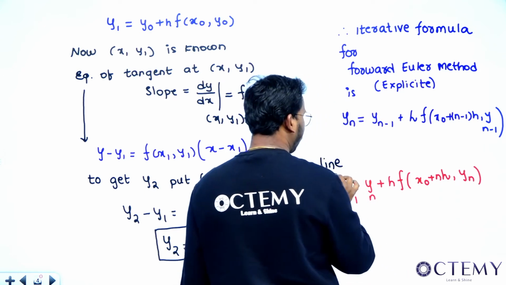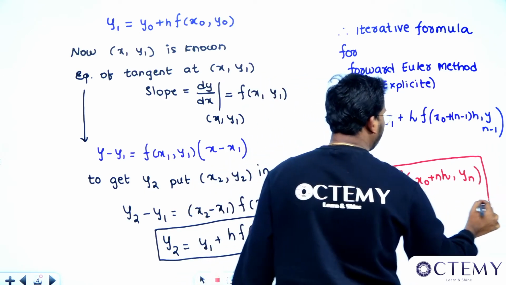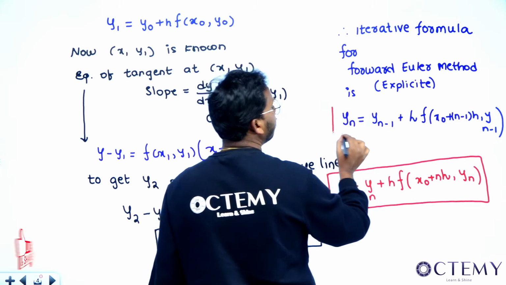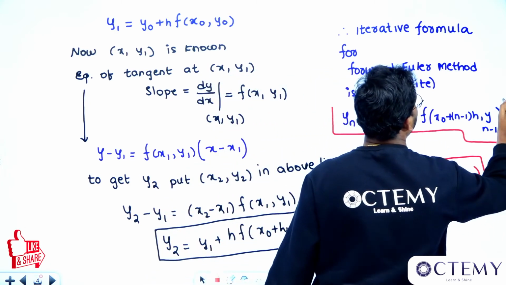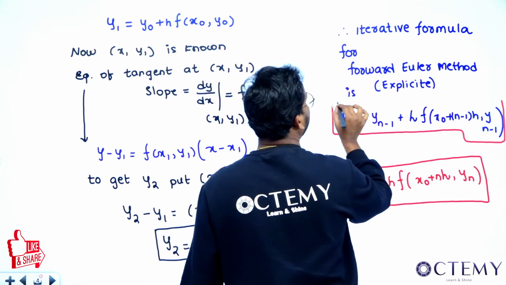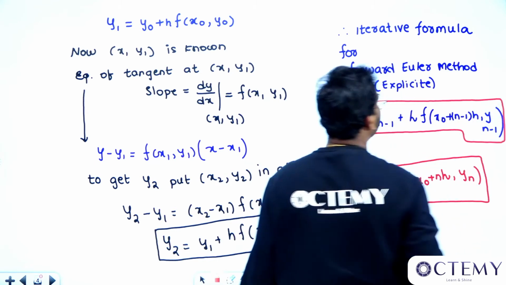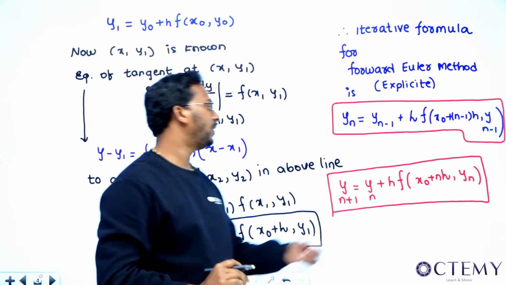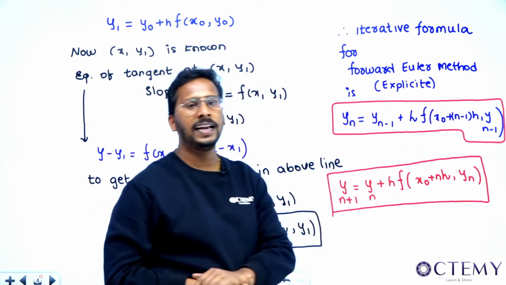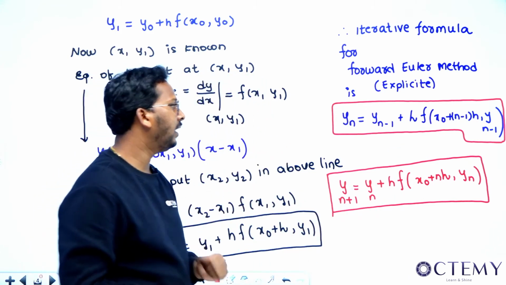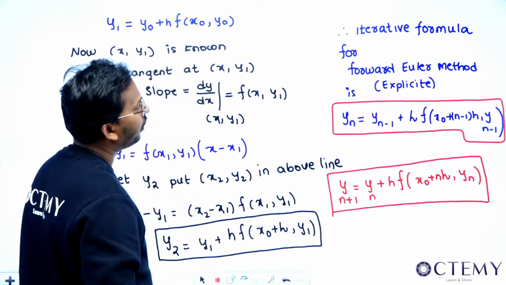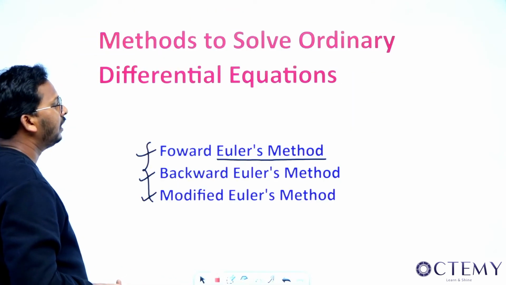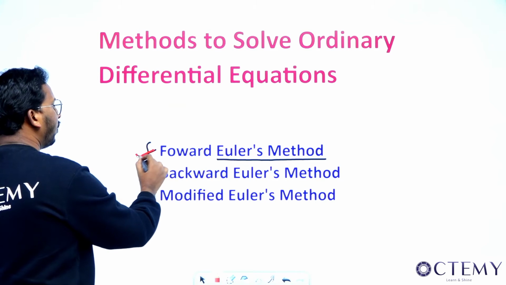This will be the formula. You can remember either of these forms. This is the formula for your forward Euler's method, or simply Euler's method. If it is given in terms of t, then it will become t naught plus n delta t or h. So this is what we have discussed about the forward Euler's method.